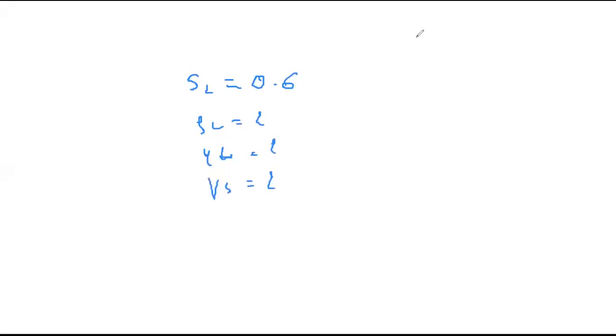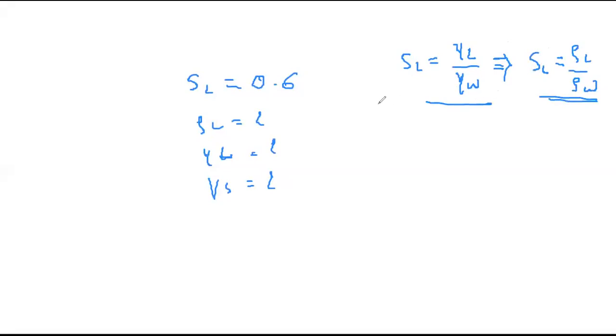The formula of specific gravity is S L is equal to gamma L divided by gamma W. Also there is another formula: S L is equal to rho L divided by rho W. With these two formulas we can find the mass density and weight density of that fluid.